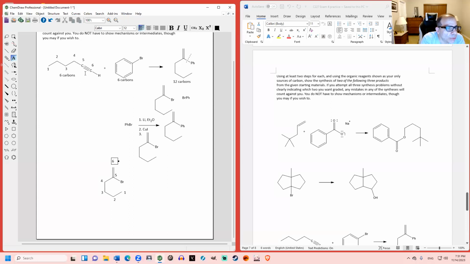So over here, the triple bond in the starting material is between carbons 5 and 6. Now we have a double bond between carbons 5 and 6, and we've attached a bromine to the more substituted carbon.